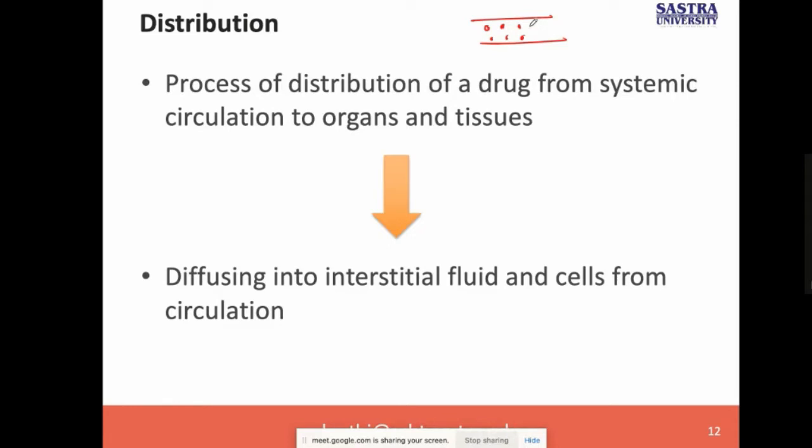So what is this distribution? Distribution is the process by which these drug molecules from the systemic circulation will be circulated to all other organs and tissues. That is what is called the distribution. So can you tell me why this distribution process is important for the drug molecule? Why do we need this distribution?